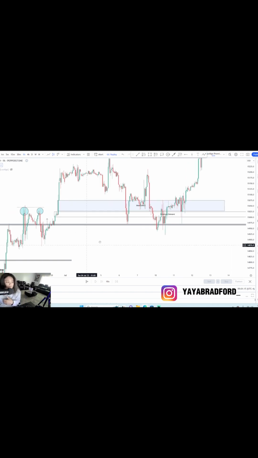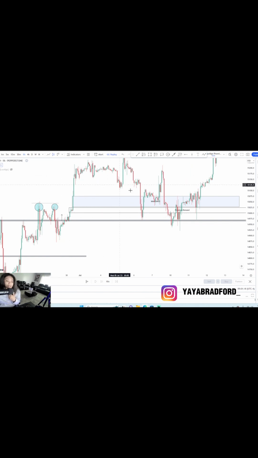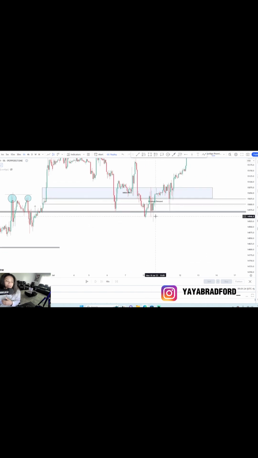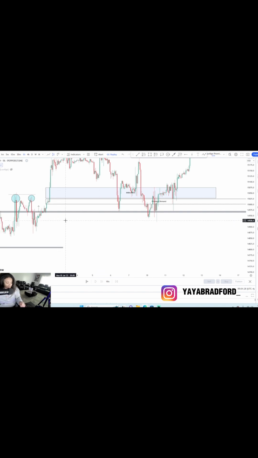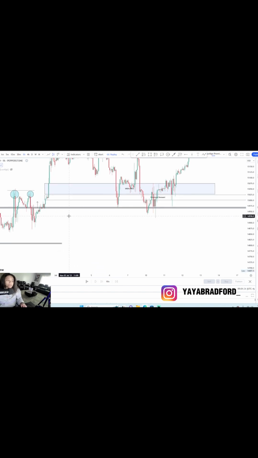So we see price broke this high, came back to fill this imbalance, the gap that we got here, and it took out a whole lot of orders down in this area.